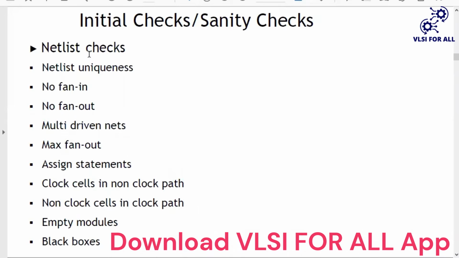The tool checks if we see any fan-out violations, fan-in violations, multi-driven nets, non-clock paths available in the design, empty modules, and black boxes. The tool checks all of that netlist info in this netlist check.